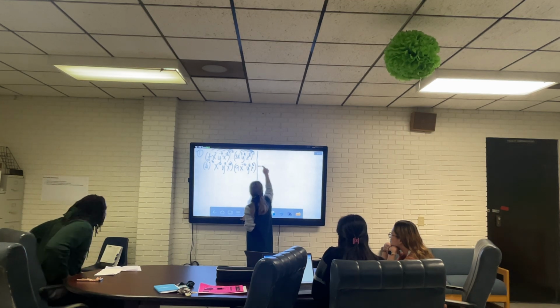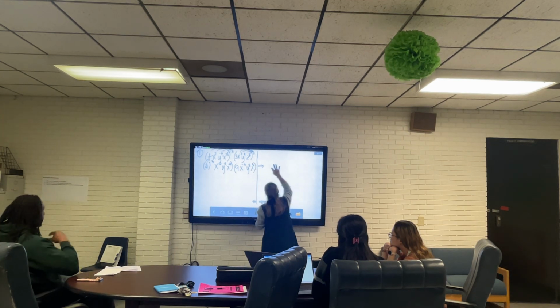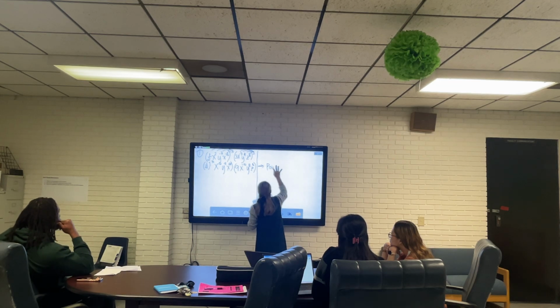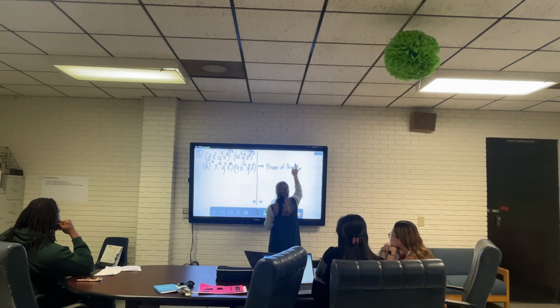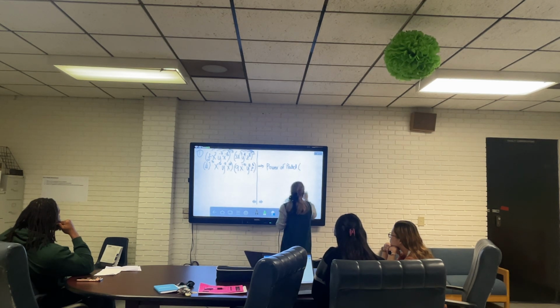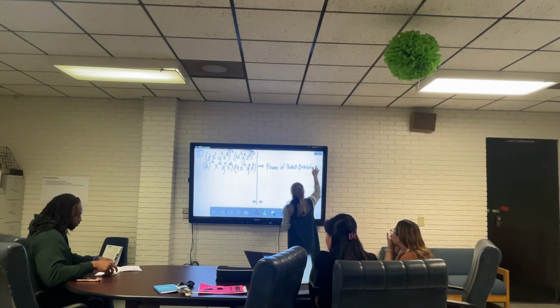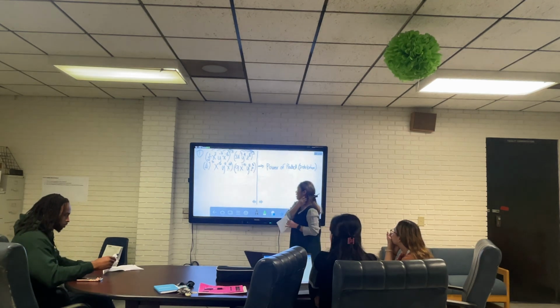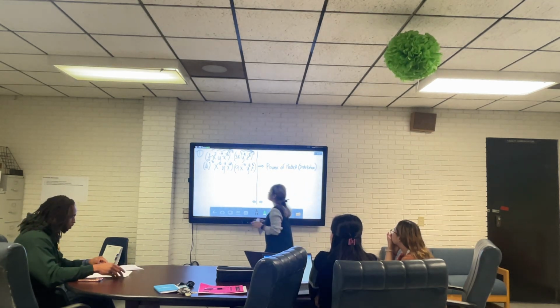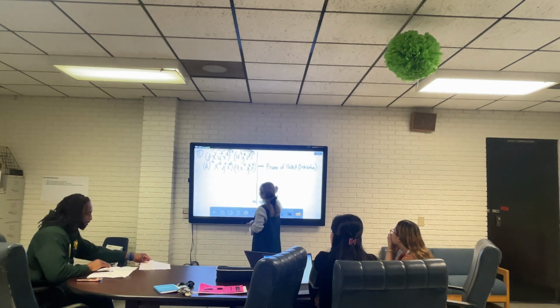So this is what we call the power of a product, or simply, you need to distribute the exponent. I think they are familiar with this distribution. After that, I told them there is also another property.